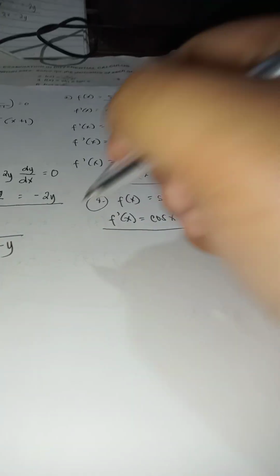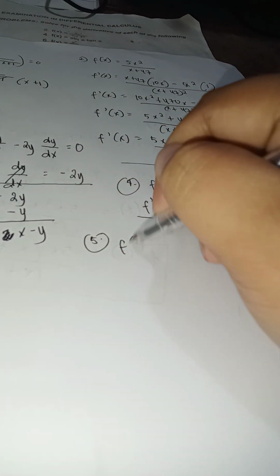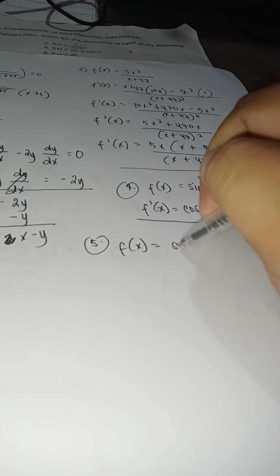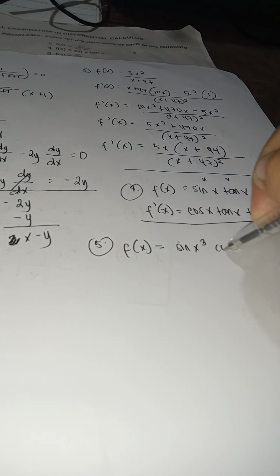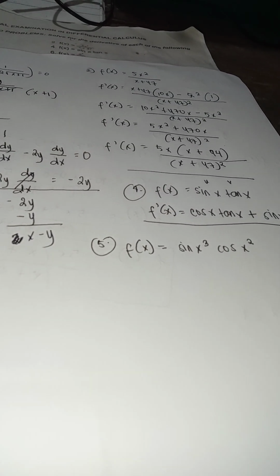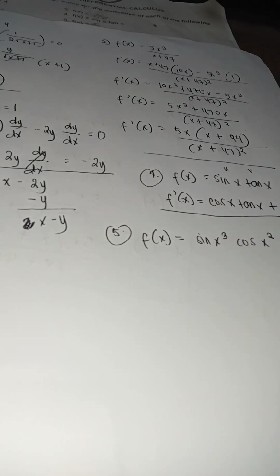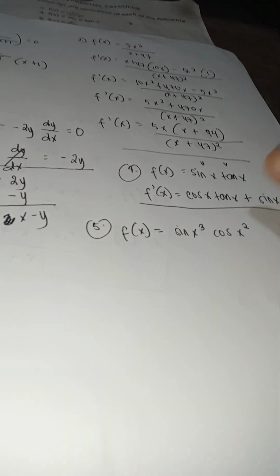Okay, so for number 5, we have the problem f of x is equal to sine x cubed cos x cubed. By that problem, we are going to solve using the product rule. So u dv plus v du.